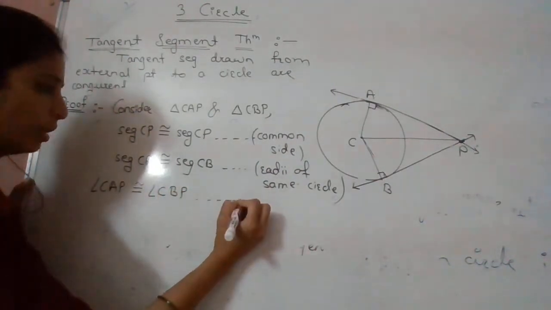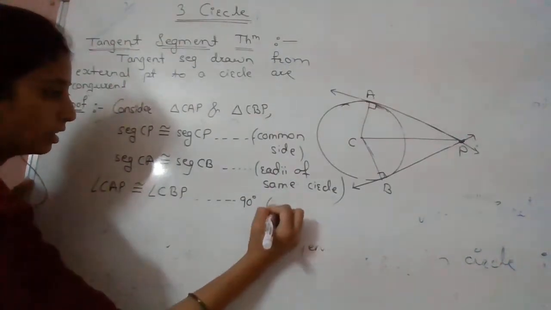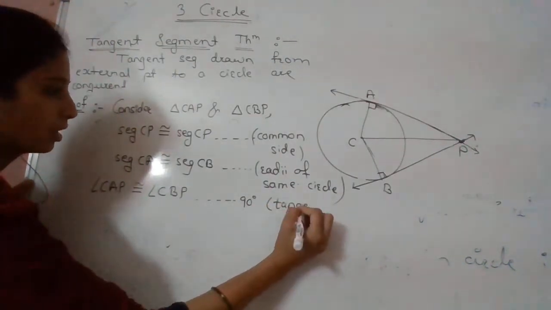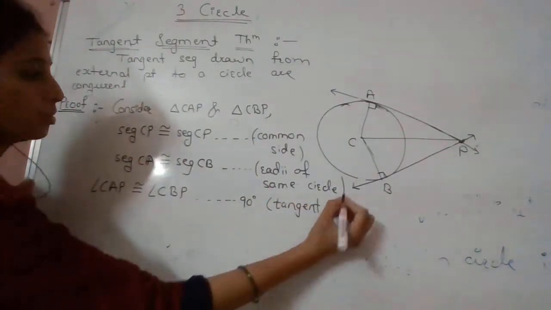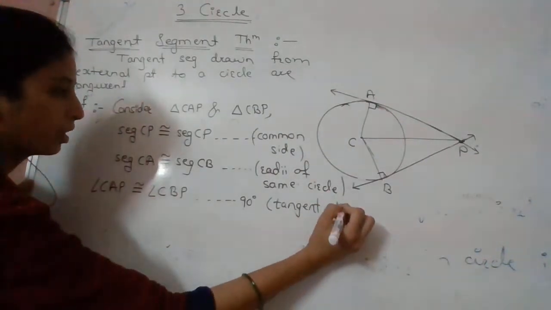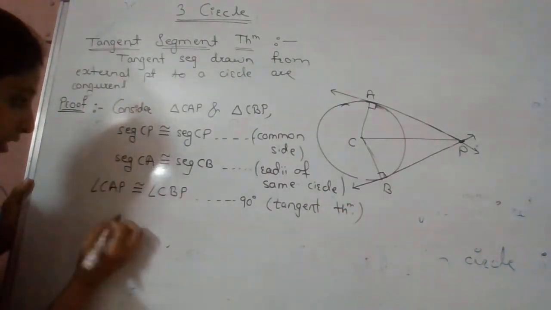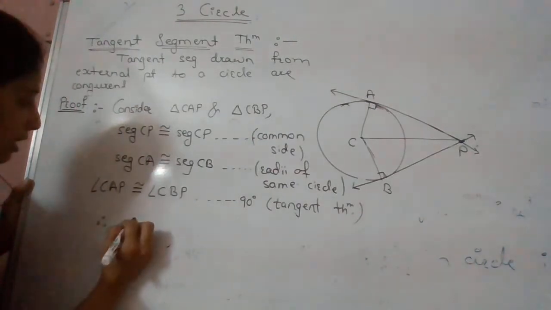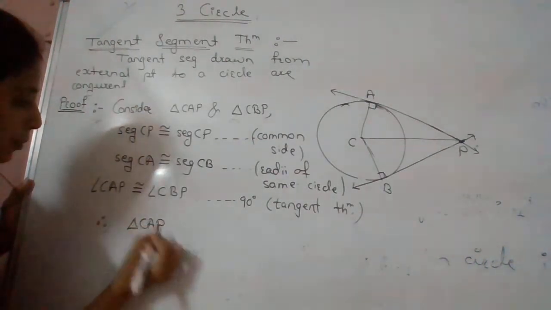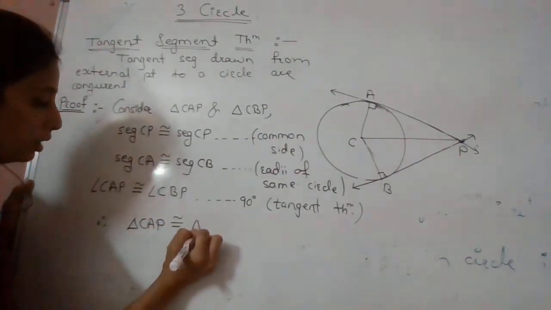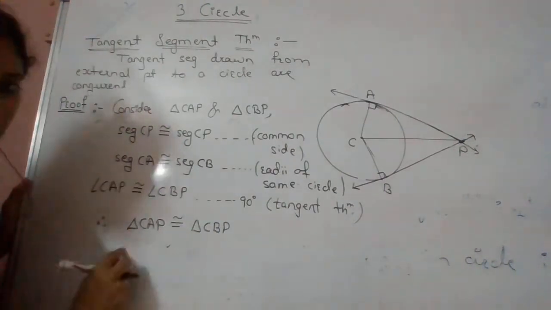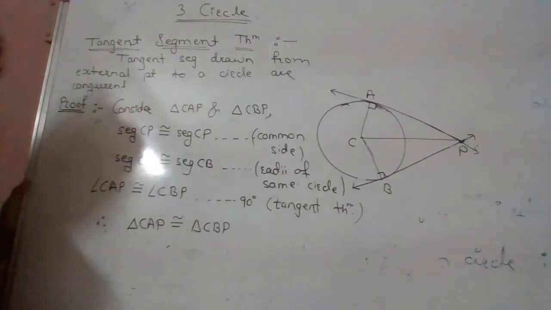Why? Because each is 90 degrees, by the tangent theorem. Therefore, triangle CAP is congruent to triangle CBP. So these two triangles are congruent to each other.